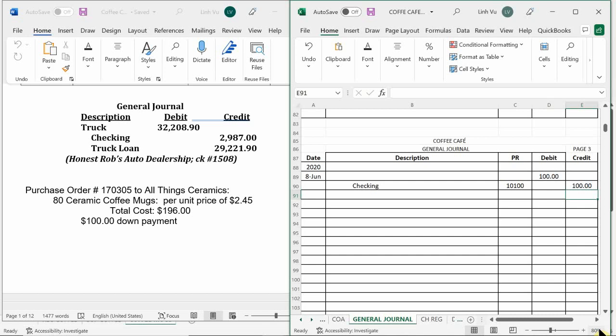So, this isn't a liability. You don't owe anybody. You're paying somebody. How can you owe somebody when you pay somebody something? Where are you looking at? Look at your chart of accounts. I'm not asking you to look at your journal. I'm asking you to look at your chart of accounts.